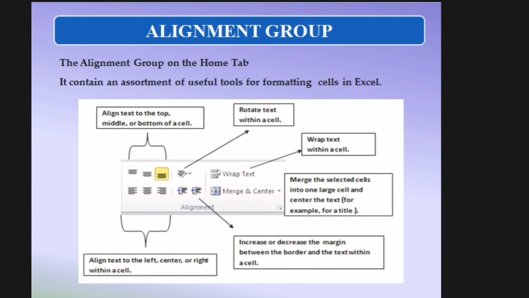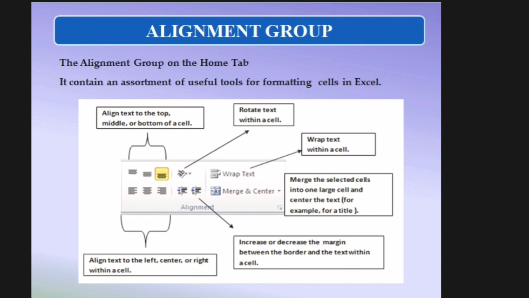If you want to wrap the text in a cell, wrap it. This is a very useful tool. If you want to merge the selected cells into one large cell and center the text for the sake of a heading, you can apply the merge and center option.